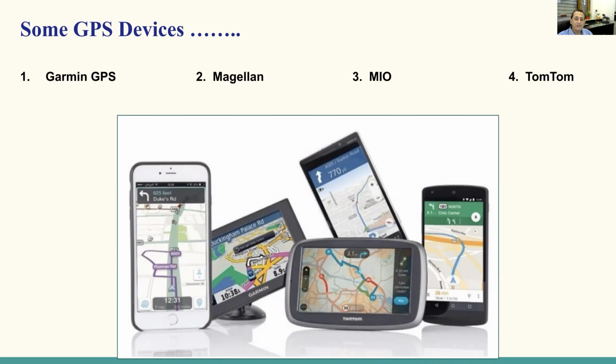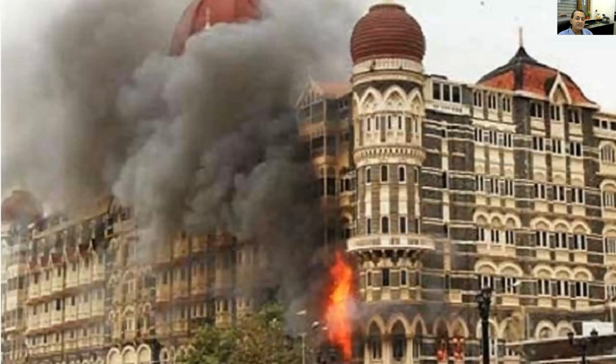So we move on. This is a very famous case. This is basically the attacks on the 26th of November at the Taj Hotel in Mumbai. What happened in Mumbai? A bunch of terrorists came and attacked a number of locations in Mumbai.